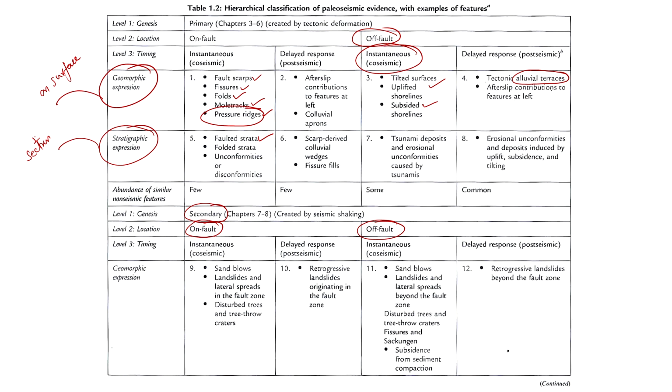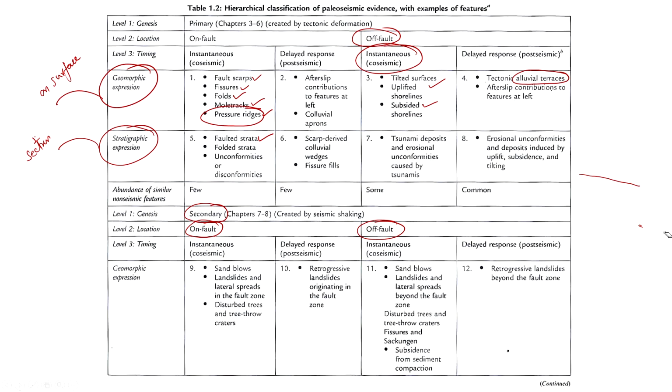If this was a surface and now the surface has been deformed like this, there will be erosion here. This part we will discuss in detail later: what is the process of erosion of the scarp and all that.